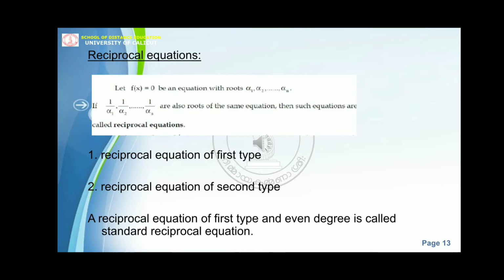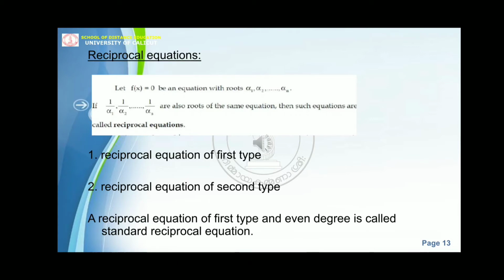First condition is a0 equal to an, a1 equal to an minus 1, a2 equal to an minus 2, etc. Equations that satisfy this condition are called reciprocal equations of first type.